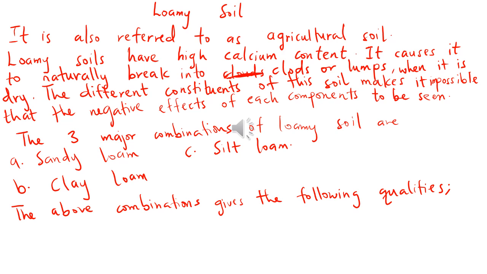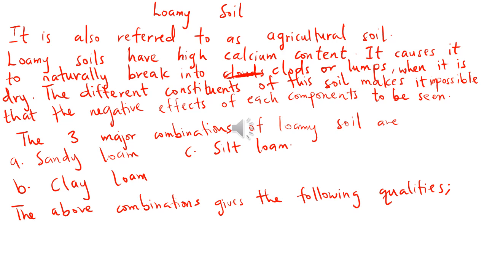If you take loamy soil, the three major combinations of loamy soil are sandy loam, clay loam, and silt loam. These are the major combinations of loamy soil. Now, why are we saying that they are the major?